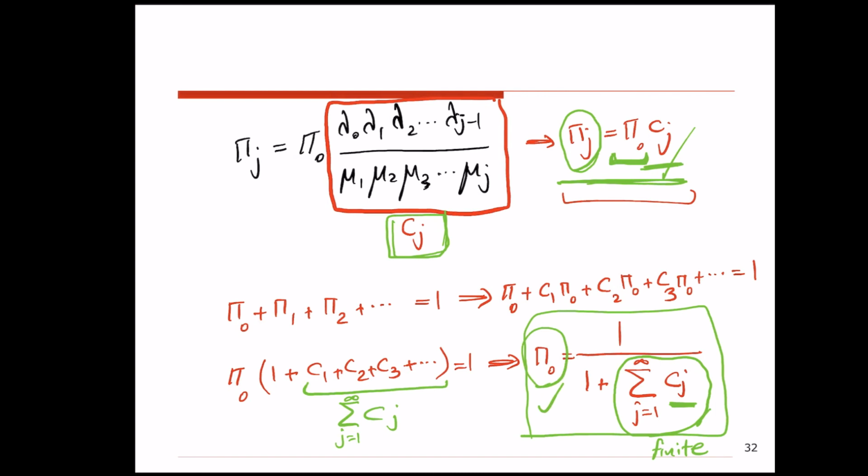And if pi 0 exists, I can put it in this formula and I can calculate the pi j for any queuing system. In other words, the steady state probabilities for that queuing system exist. Okay, so that's basically how we can calculate the steady state probabilities in any queuing system.